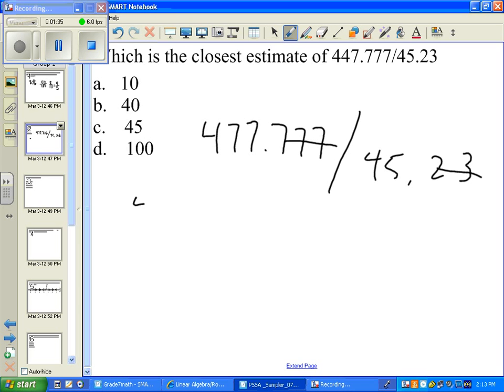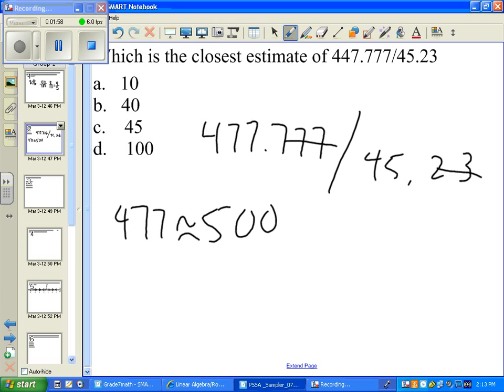We can round this 477. We can round that up to 500. It's approximately equal. It's only 23 away from 500.